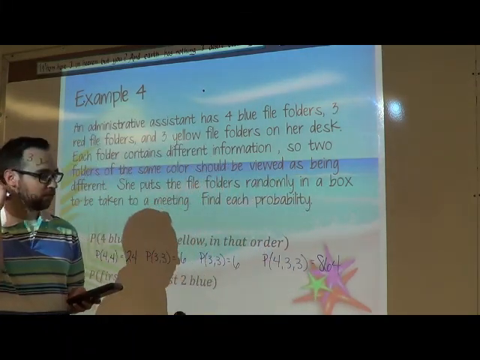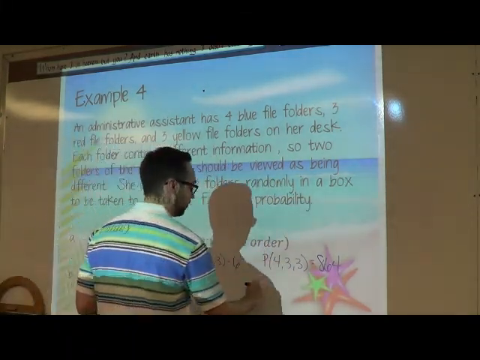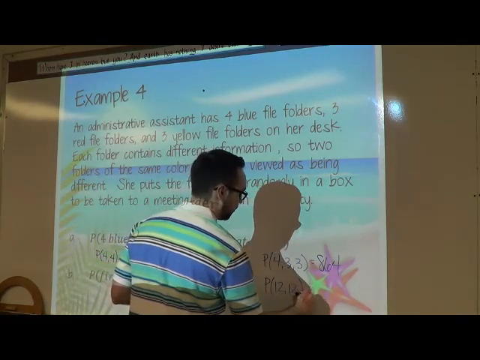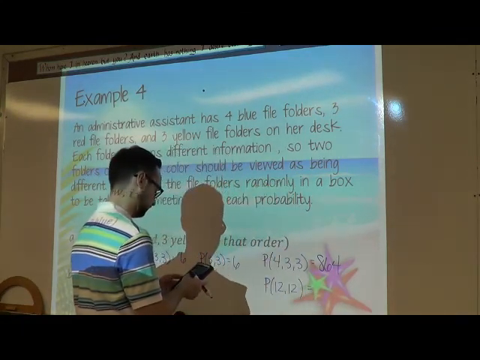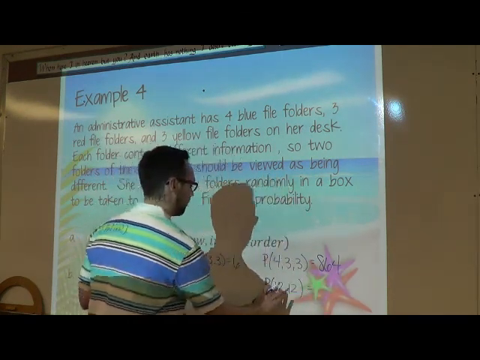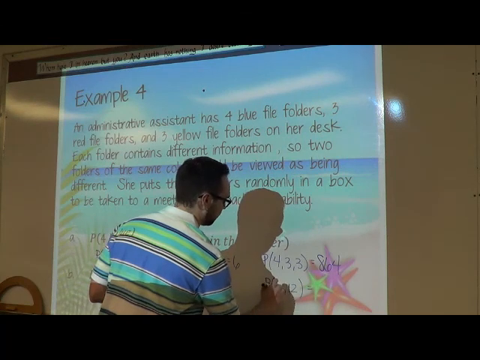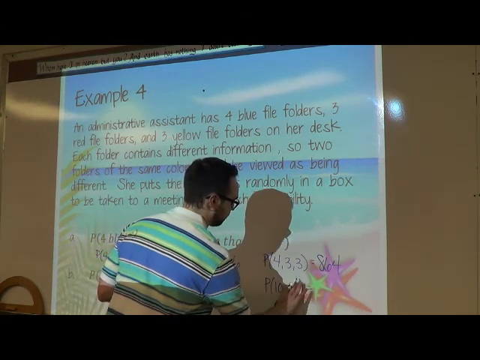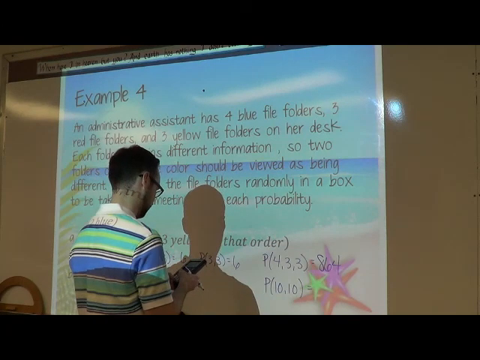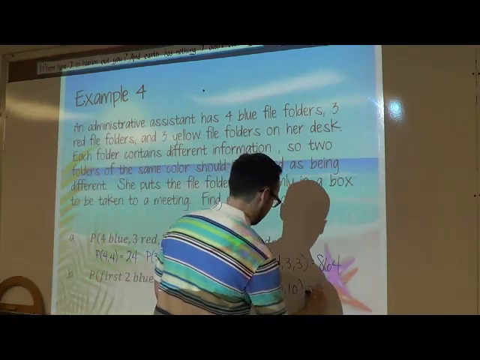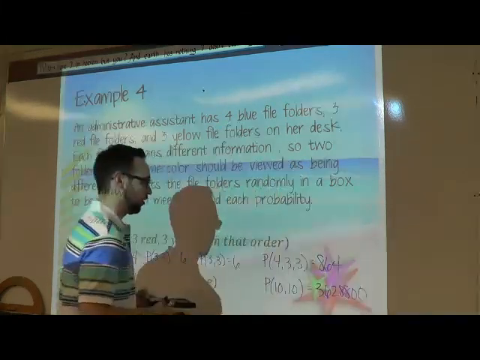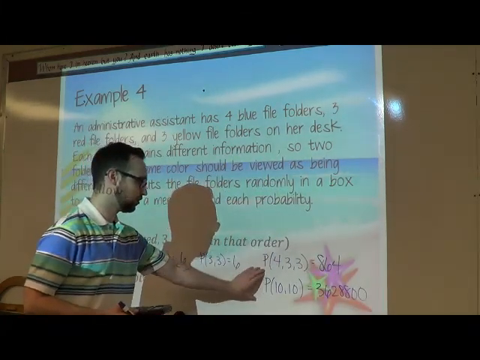Then you do the total number of ways of choosing the folders at random. So you do the permutation of 10 choose 10. I keep wanting to think there's 12 folders. There's 10. The permutation of 10 choose 10 is 3628800. So this is your success, this is your total.